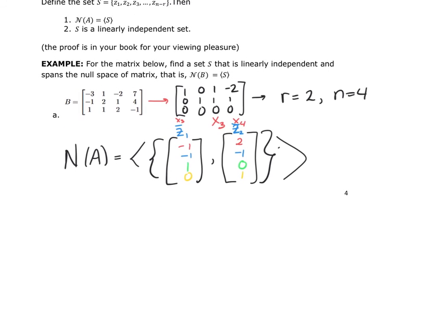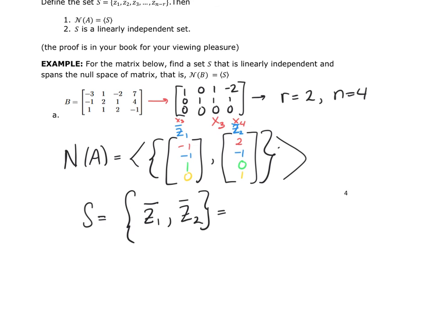So I found the null space. What this tells me is that my spanning set is these vectors, z1, z2, which is equal to the set of the vectors negative 1, 1, 0 and 2, negative 1, 0, 1.